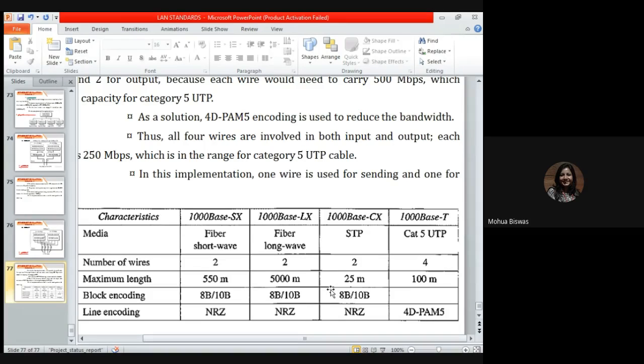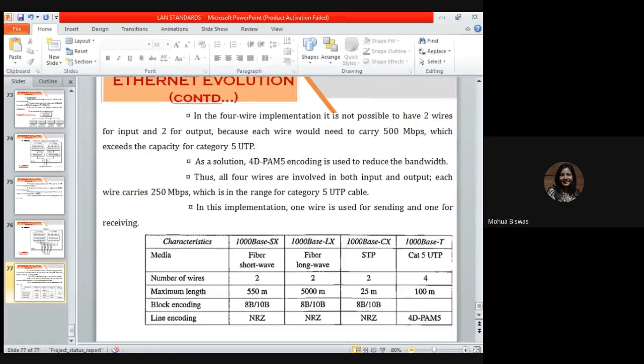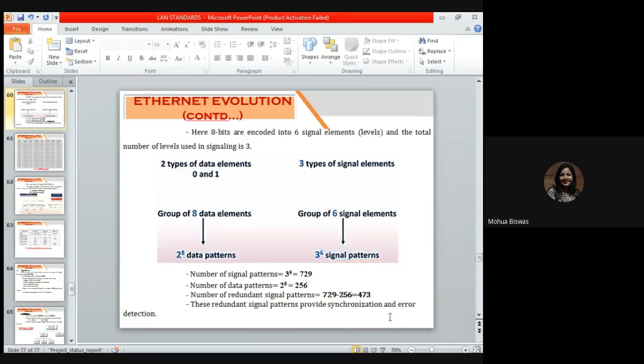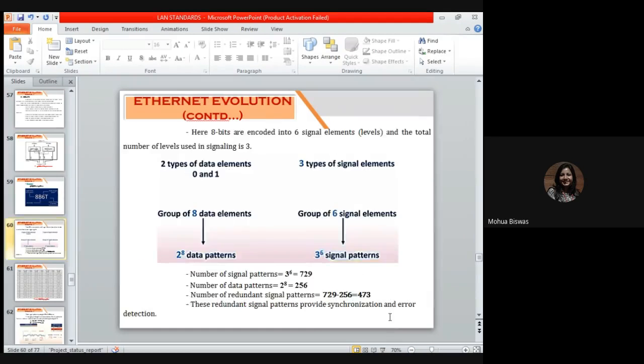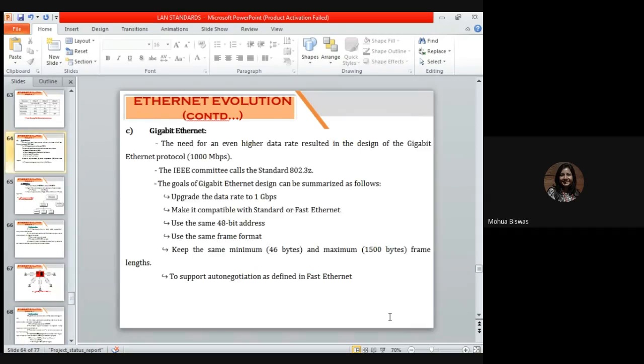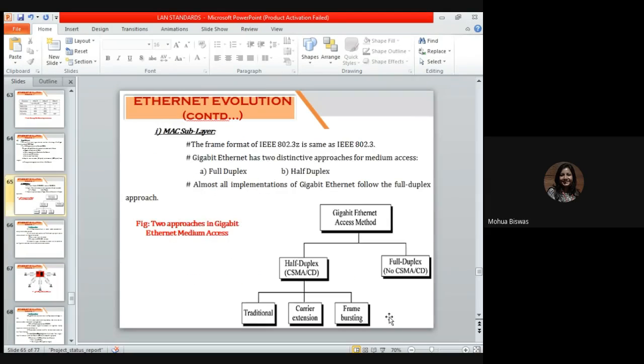Over. Okay, this is all about your Gigabit Ethernet. Just to summarize once again, in Gigabit Ethernet, what have we seen? We have seen the goals of Gigabit Ethernet, and after that the MAC sublayer. Under the MAC sublayer, we have seen two approaches, full duplex and half duplex.